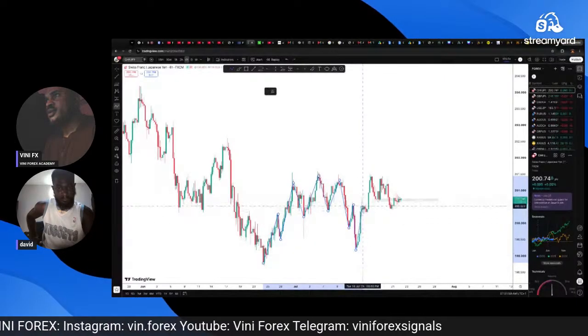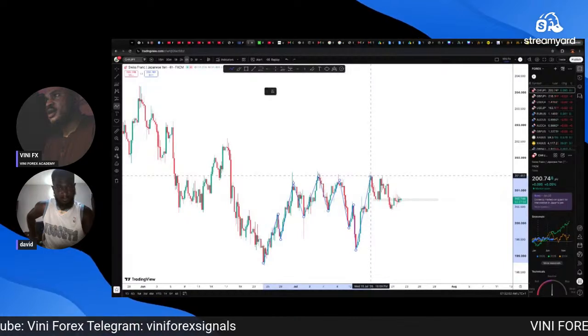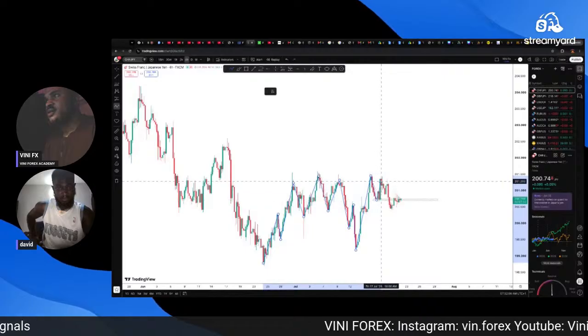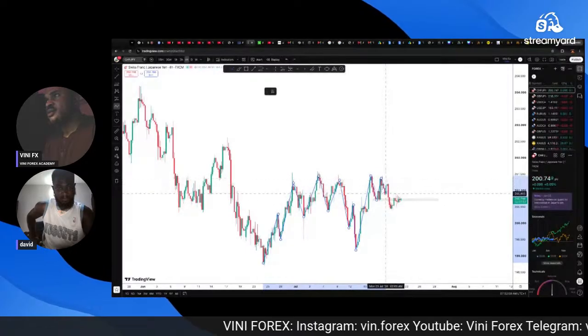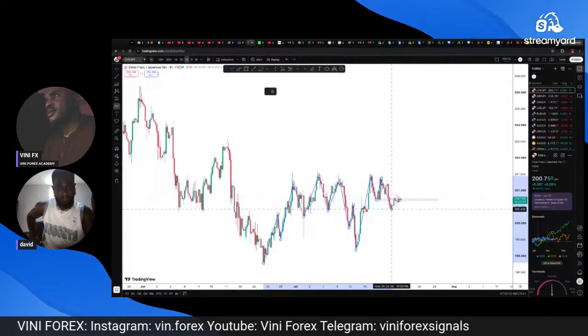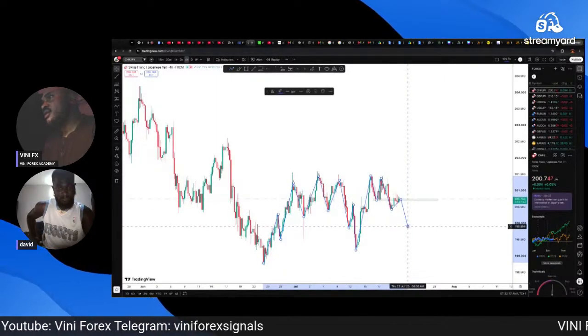And then a higher high, giving you an equal high with this one, a higher low, a lower high, then a lower low. So at this point, I'm expecting the market to tank down a little bit.